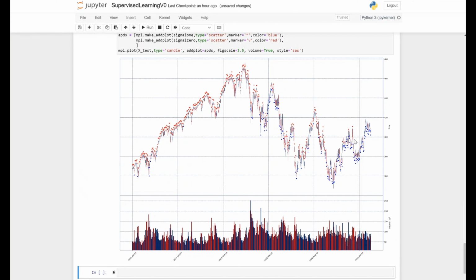Those typically work well because the patterns embedded in those data sets are pretty simple and straightforward. But for stock data, it's so complex, right? There are so many hidden factors that drive the stock data.